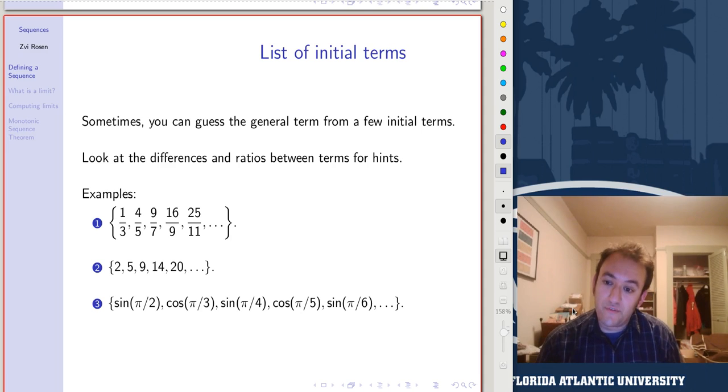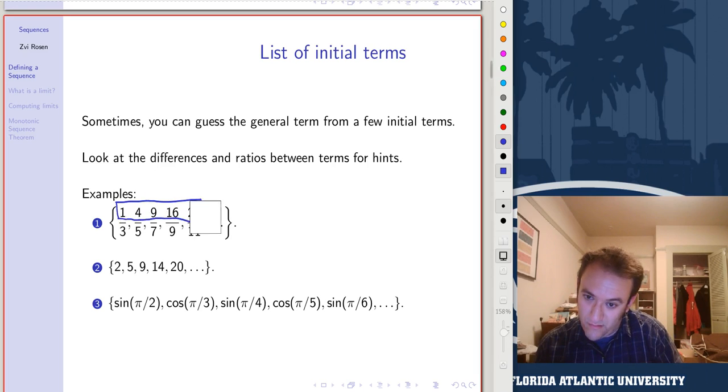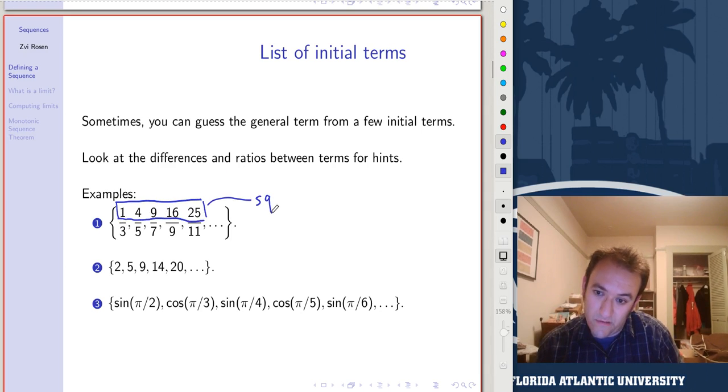The first example here is 1/3, 4/5, 9/7, 16/9, 25/11, etc. When I look at this, I notice that the numerators are very familiar. These are the squares.